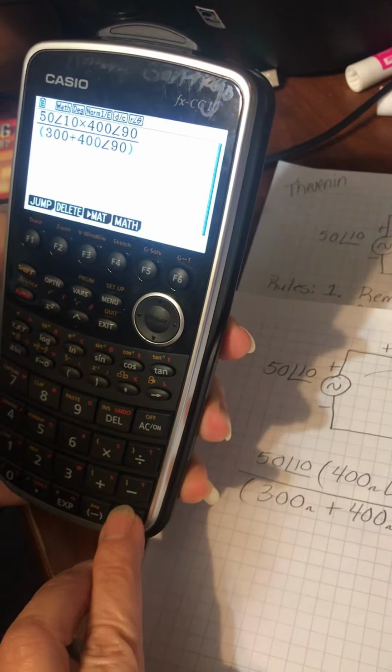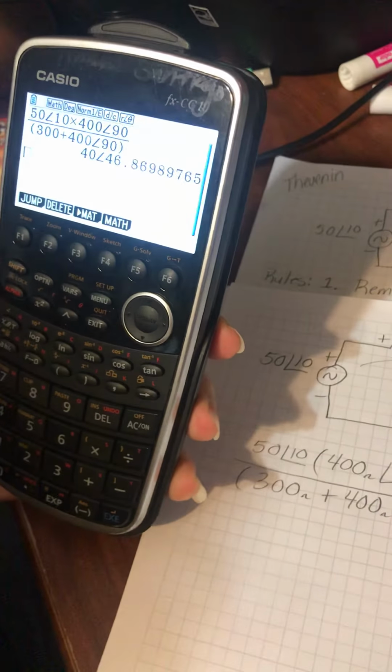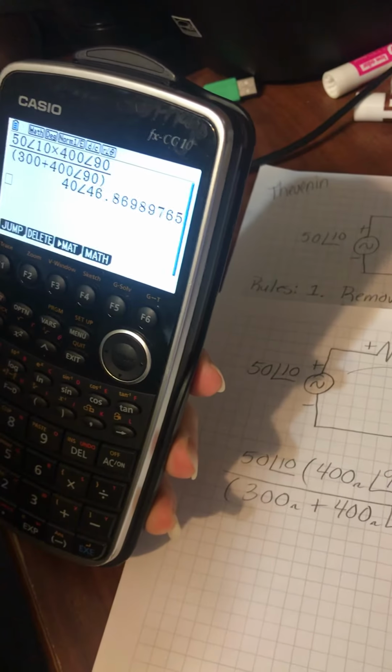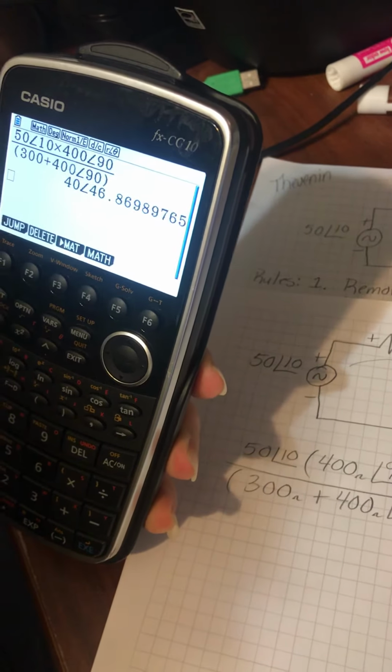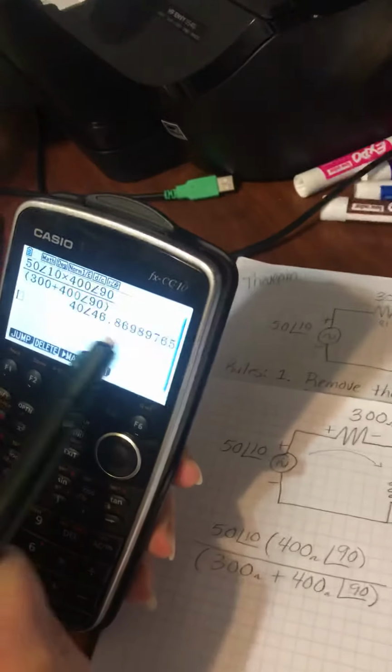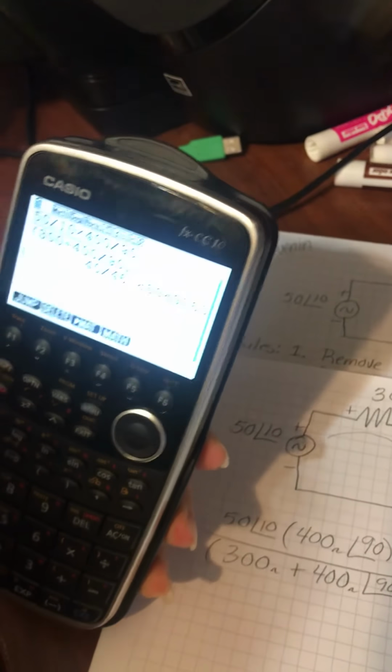So the voltage across the 400 ohm is 40 volts at an angle of 46.87. Because of this third number, this 6 goes up.